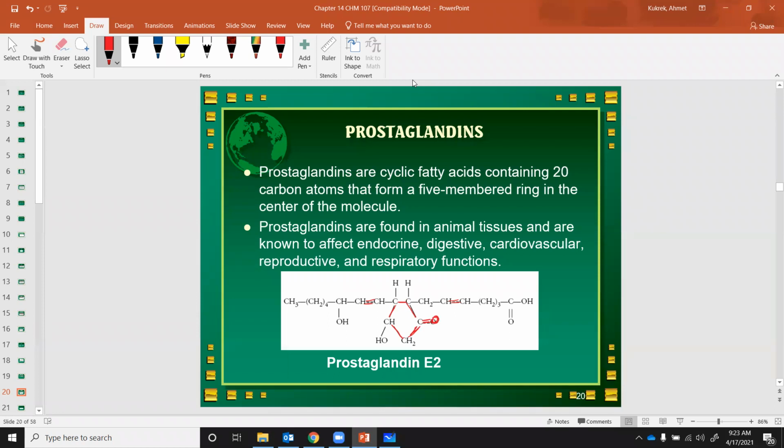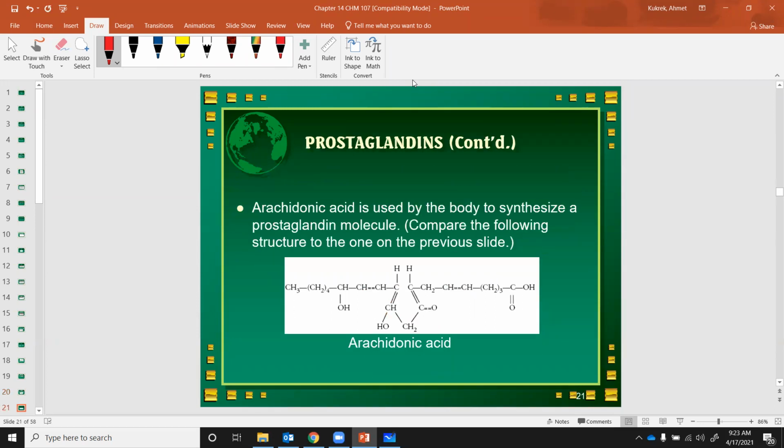This is called prostaglandin. And as you can see, we can actually find this molecule in our body. It has a lot of functionalities: digestive, cardiovascular, reproductive, and respiratory functions.